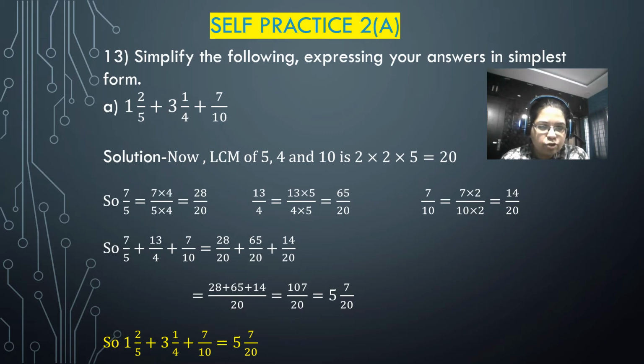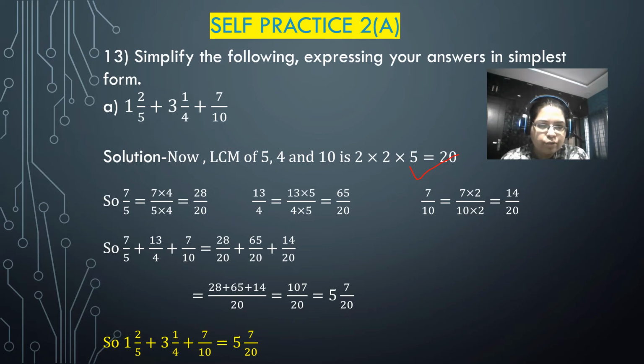So first find the LCM of 5, 4 and 10. 4 is 2 multiplied by 2 and 10 is 2 multiplied by 5. So the LCM of 5, 4 and 10 is 2 multiplied by 2 multiplied by 5, which is 20.